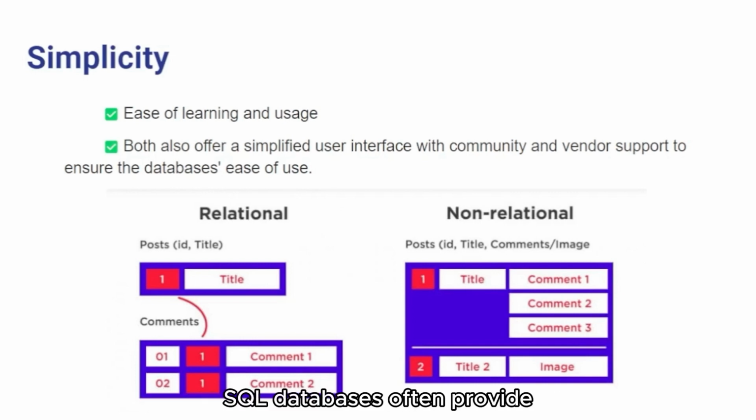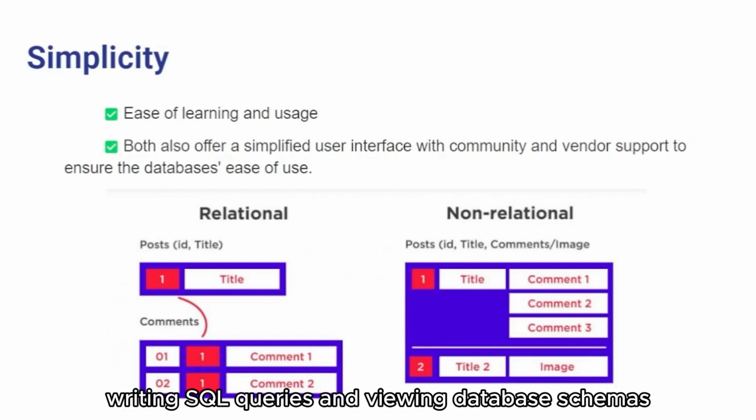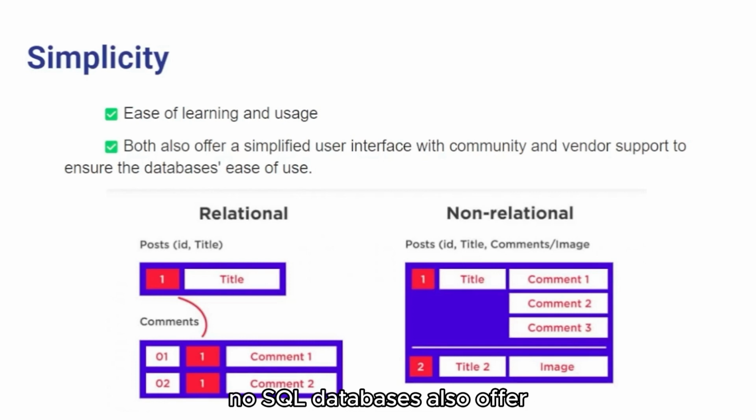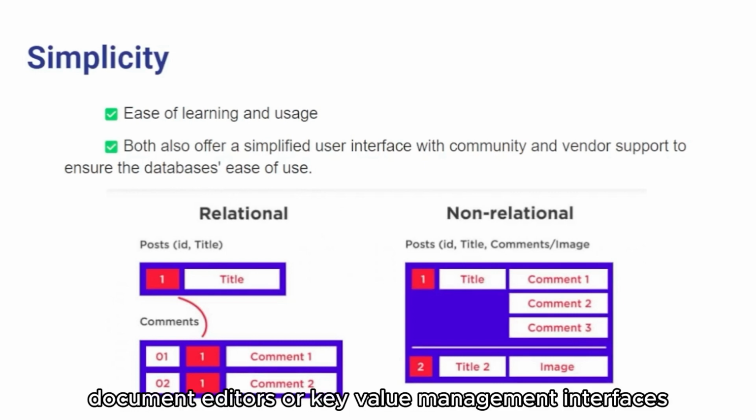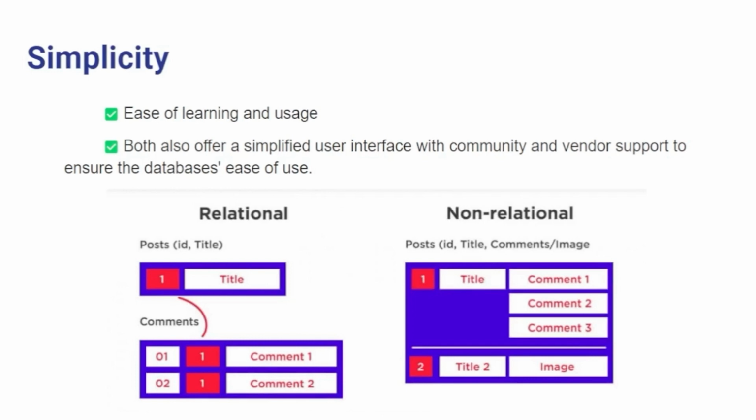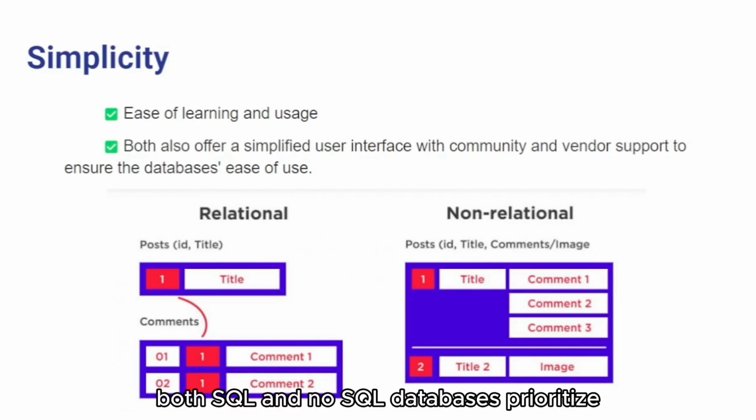SQL databases often provide graphical user interfaces, or GUIs, or command line tools that simplify tasks like creating and managing tables, writing SQL queries, and viewing database schemas. NoSQL databases also offer user interfaces and tools that cater to their specific data models, such as JSON document editors or key-value management interfaces. So in summary, both SQL and NoSQL databases prioritize ease of learning and usage.